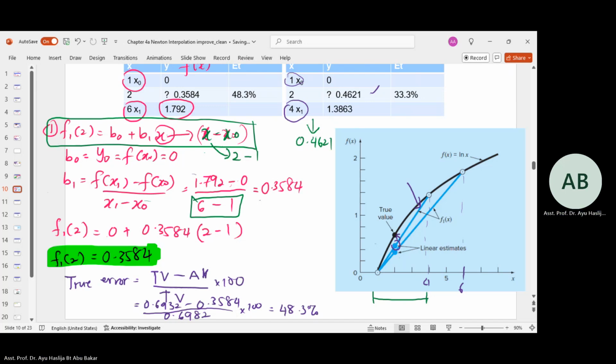No need for f(4), because the question asks you to find f(2) only. We just need to find the true value for f(2) for this question. 1 and 4 are your data points.